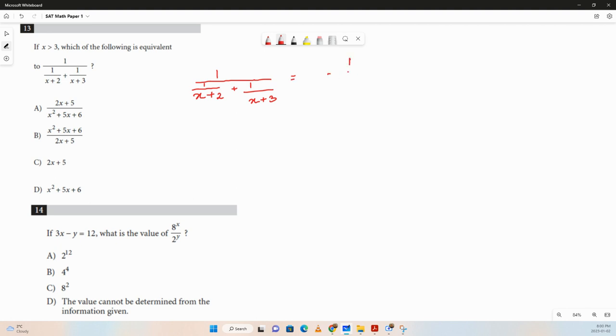So we have 1 over, and here we'll take a common denominator, which is x plus 2 times x plus 3, right? So that is the common denominator. So for x plus 2, we have to multiply x plus 3, and for x plus 3, we have to multiply x plus 2, right? Then we will have the reciprocal of this, so this will go in the top.